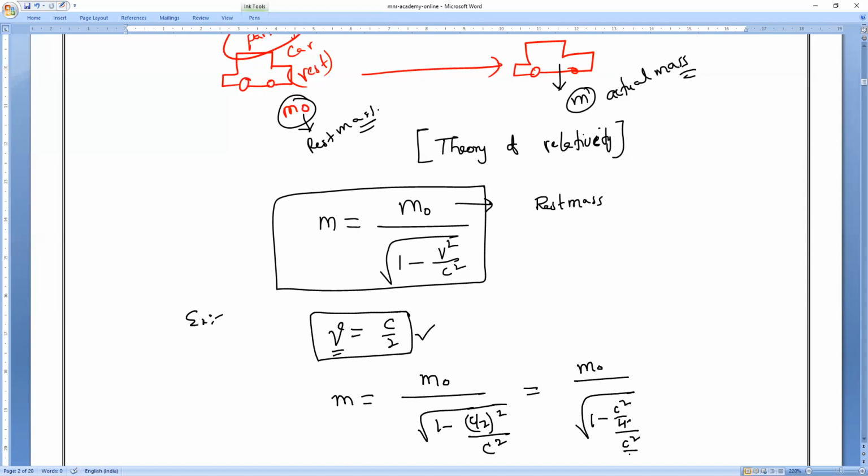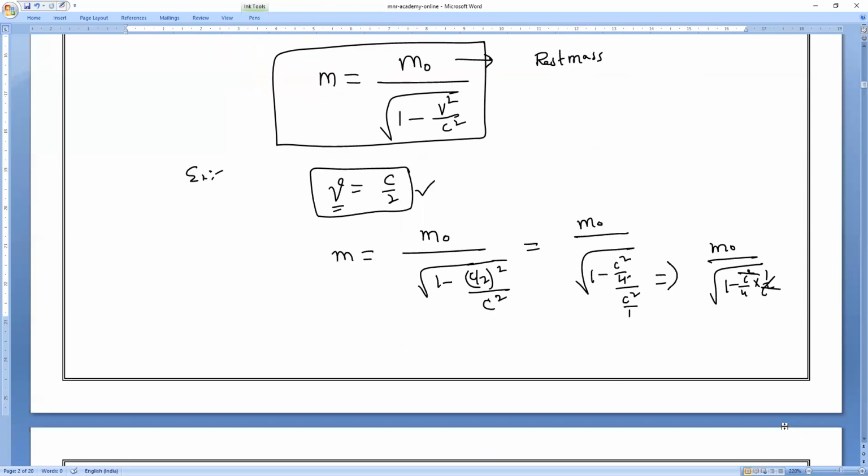The c square cancels, which equals m naught divided by root over 1 minus 4. Am I right? But I think I have made some mistake here. It is wrong. I have made a mistake.